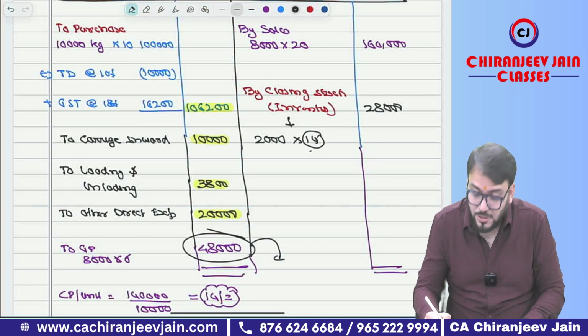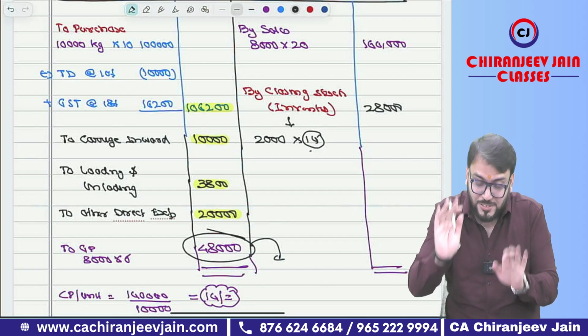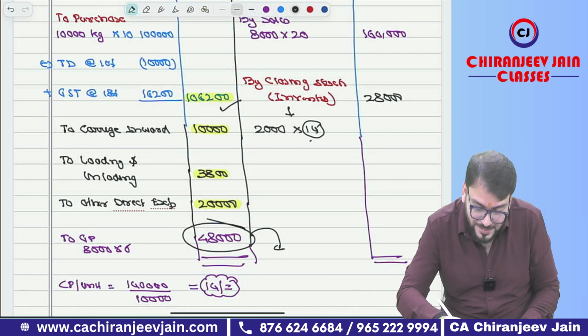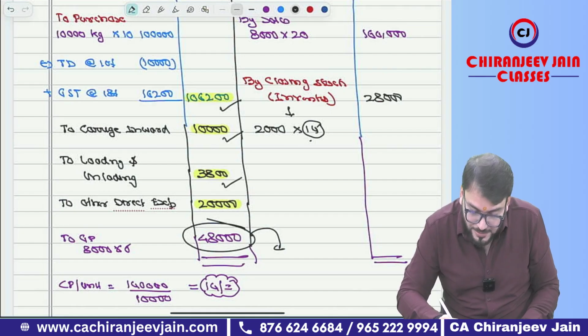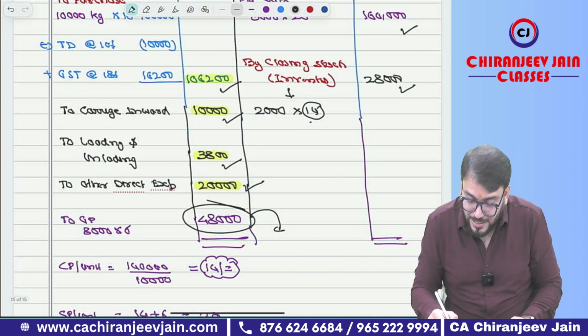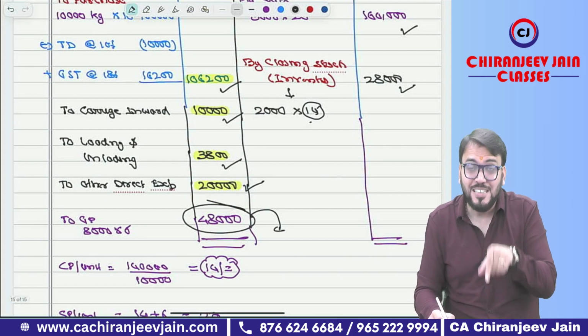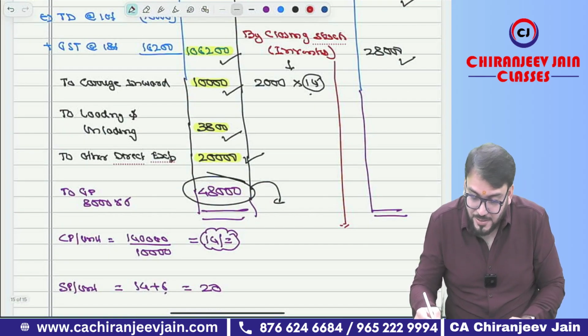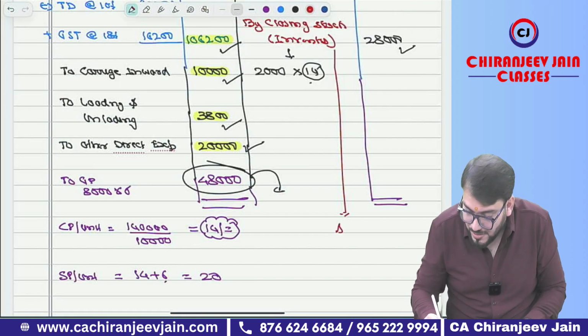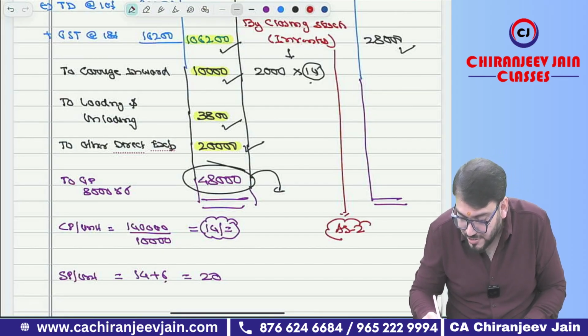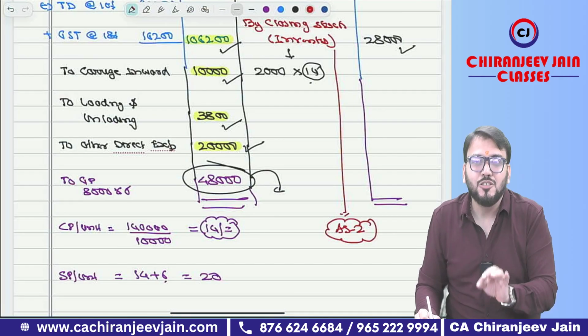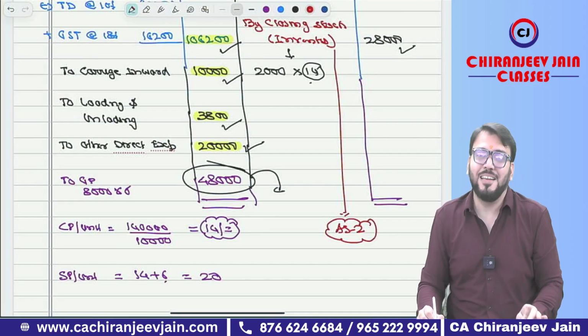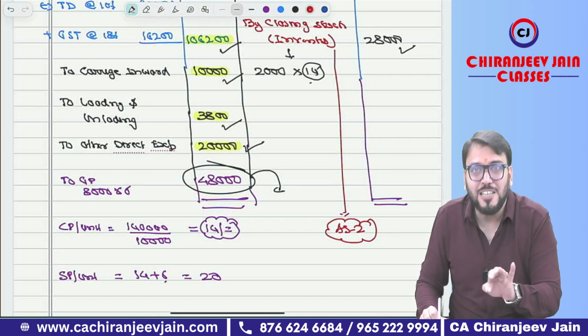So 48,000. In CA Foundation, all these figures were given, and you used to find out gross profit. Now in AS 2, we need to calculate these. We are here to understand this through AS 2. This is the objective of Accounting Standard 2. As a CA, you should know how to measure inventory, and what is included in the cost price of inventory.